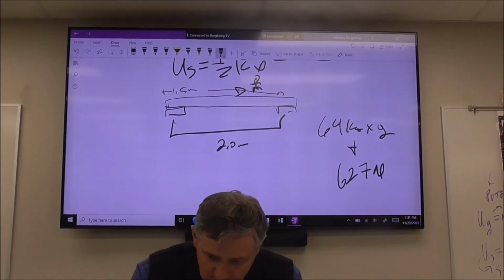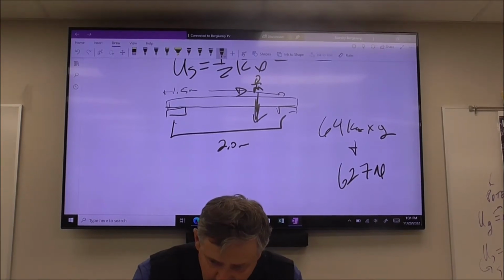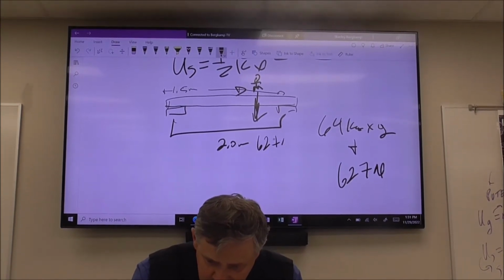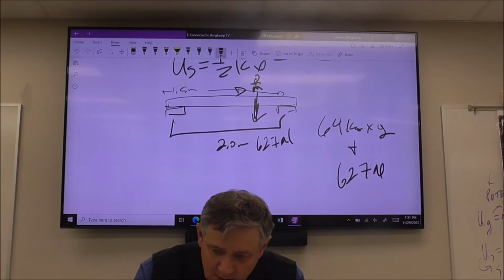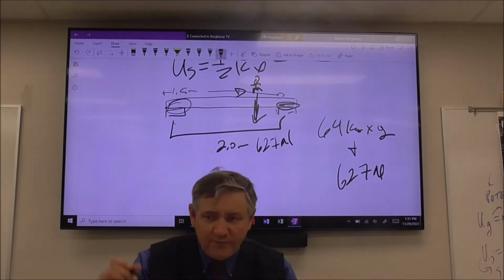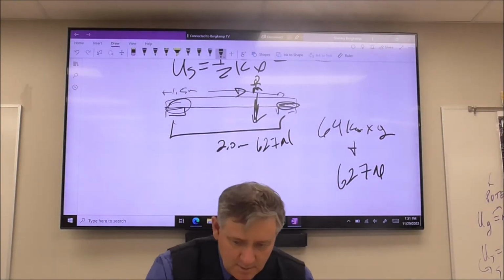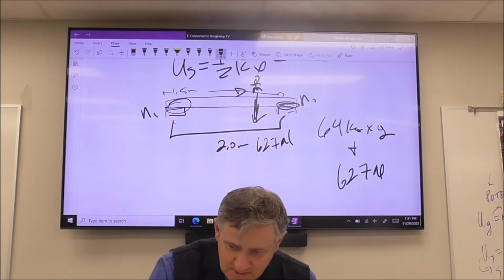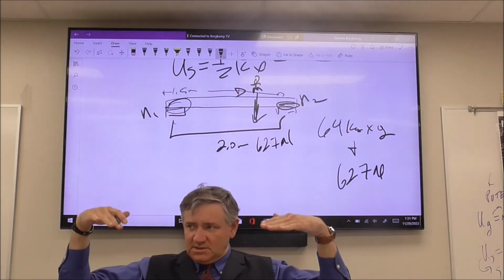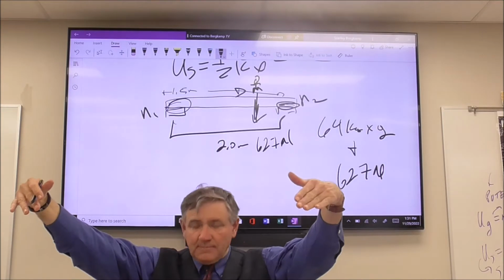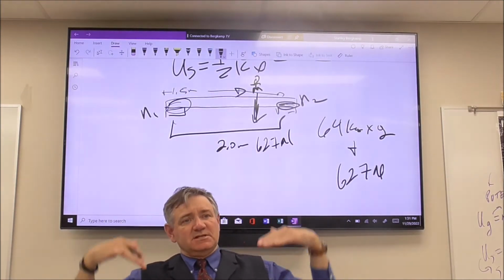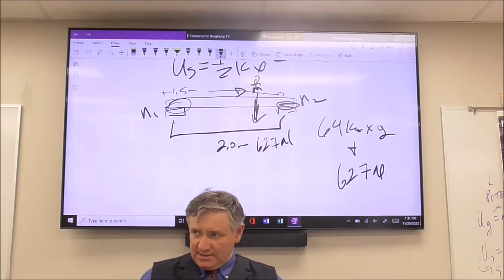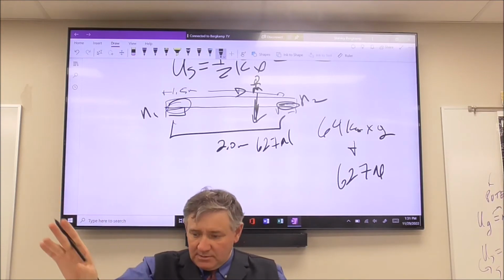Mm-hmm. So that's going to be a downward force of 627 newtons. So that means that these two forces over here, call this N1, call this N2, those two forces acting up have to balance out the 627 newton force acting down. And that's all going to add up to equal 0.